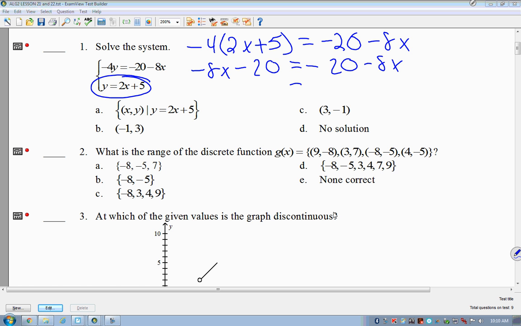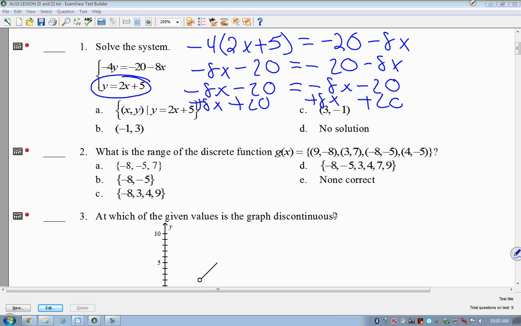But could I rewrite, let's say, this side as this, right? And if I added 20 from here to here, and I added 8x from here to here, what would I get? 0 equals 0, right?